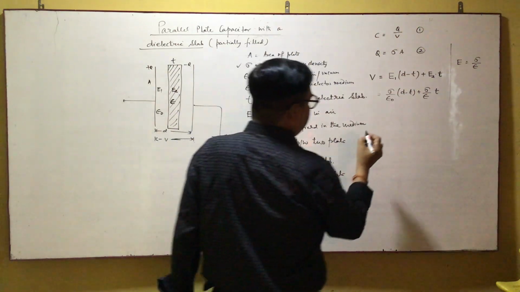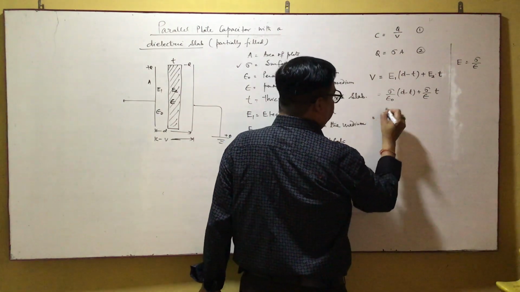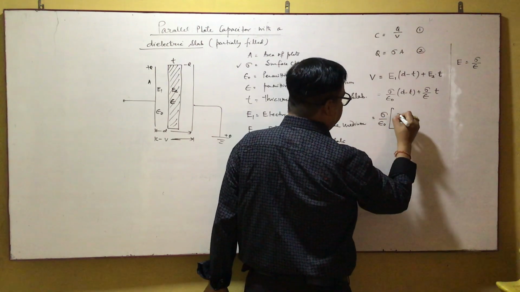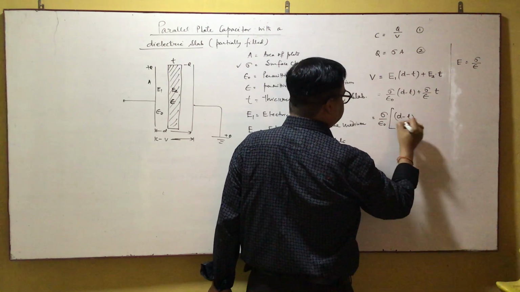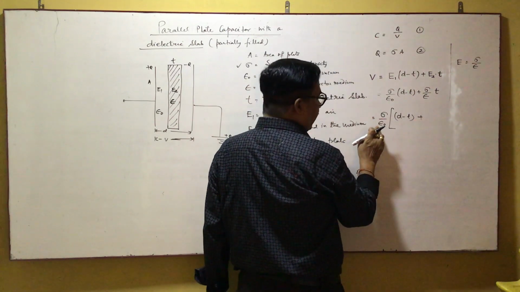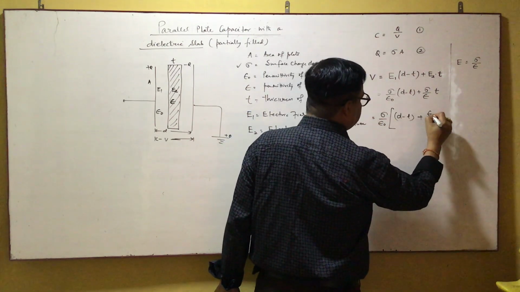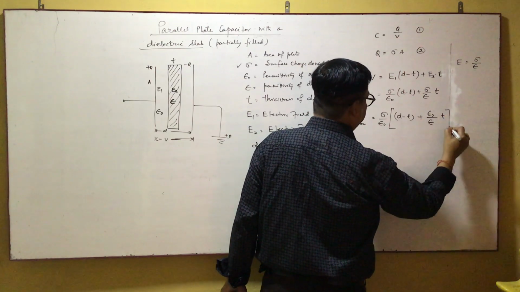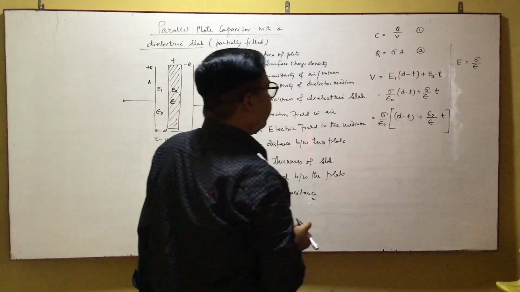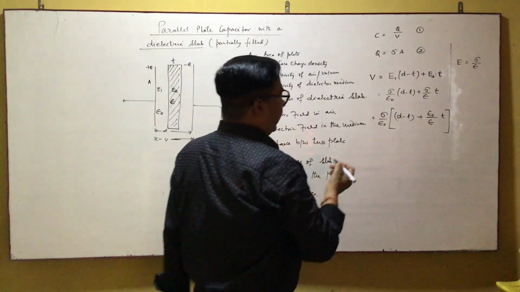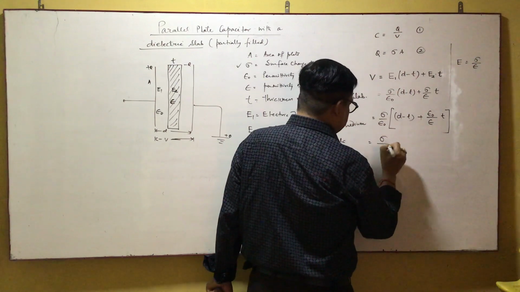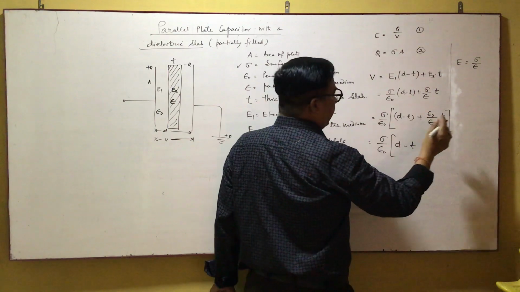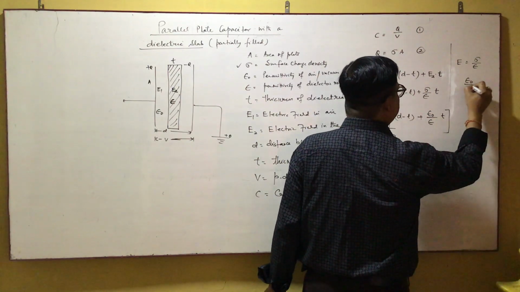Now if we take sigma by epsilon naught common, so in the bracket it is D minus T plus, because epsilon naught is not here, we have to put epsilon naught upon epsilon into T. And what this epsilon naught upon epsilon can be written as?